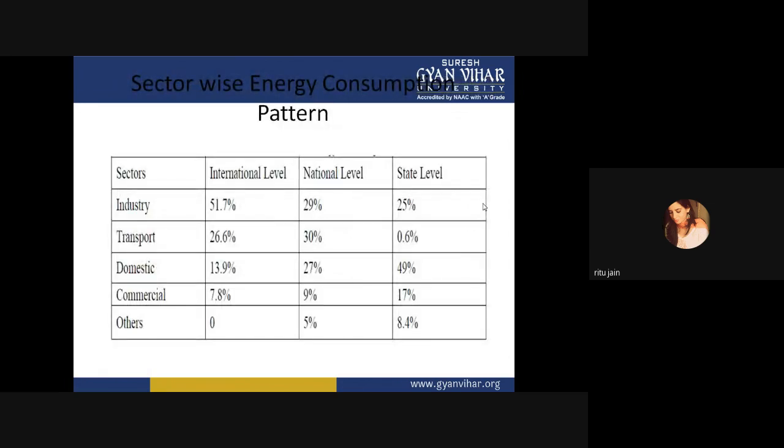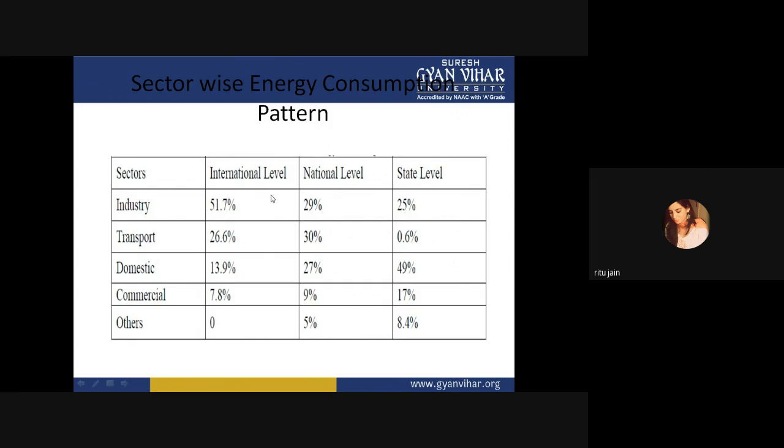Now we come to the consumption pattern at international level, national level, and state level. So for energy consumption, you can see over here there are four columns. One is your sectors. Sectors may be industry, transport, domestic, commercial, or others. Then international level, national level, and this is your state level.